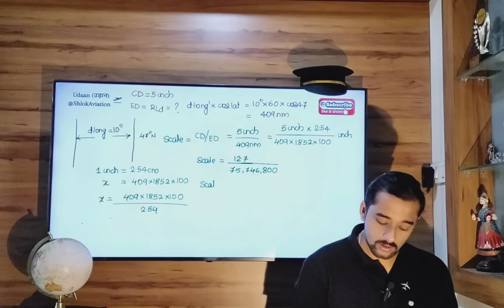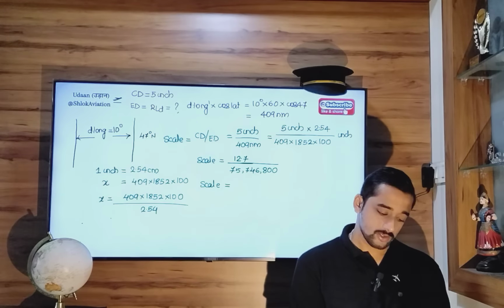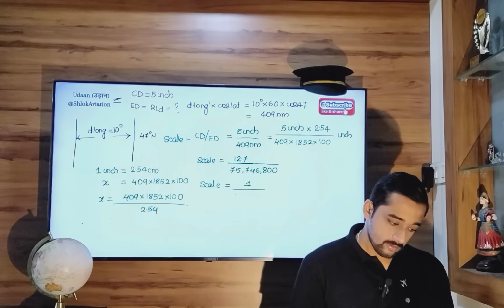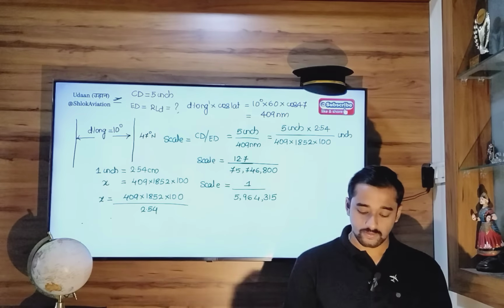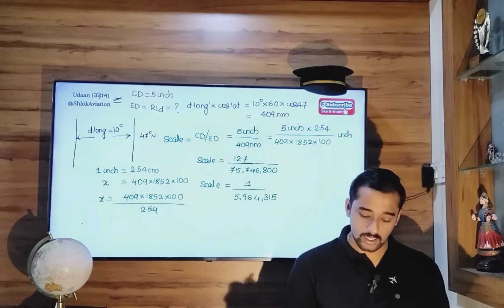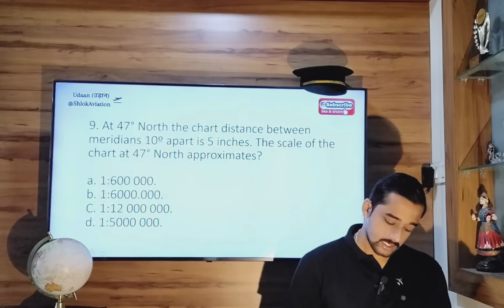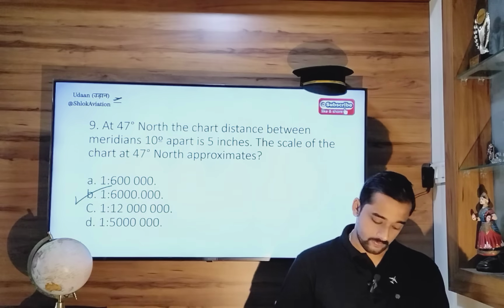Scale will be equal to, dividing numerator and denominator by 12.7, 1 divided by 59,64,350. So the closest value to that will be 60 lakhs. Option Bravo. Okay, option Bravo.